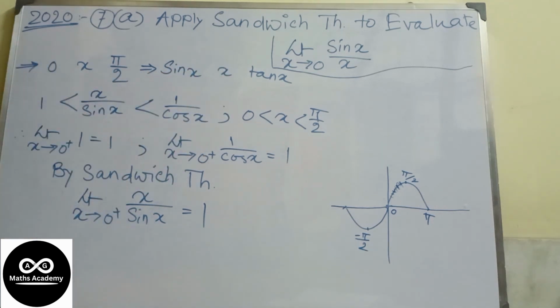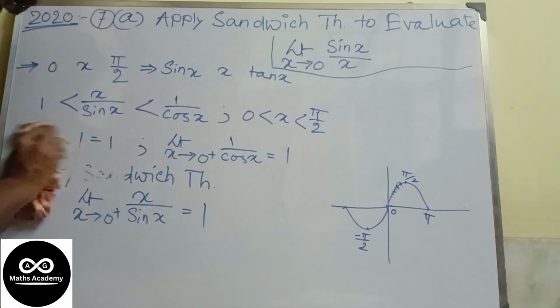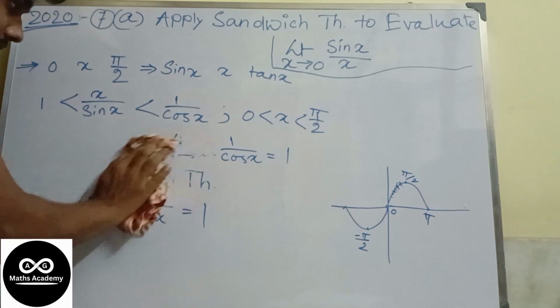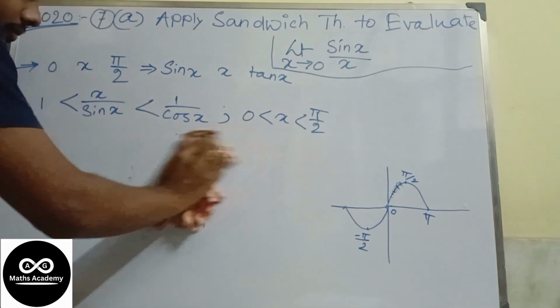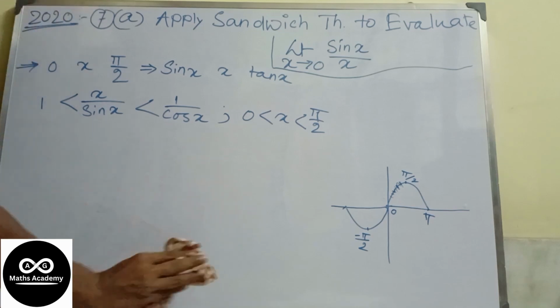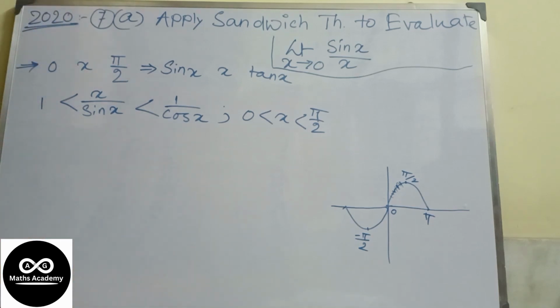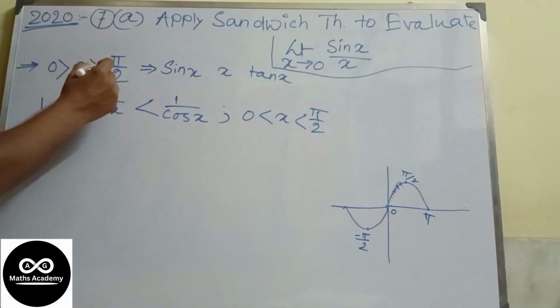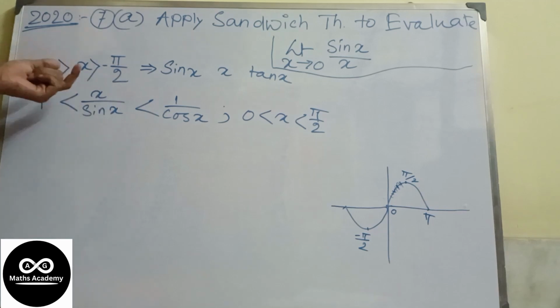For the left hand limit, we take x in between minus pi by 2 and 0.